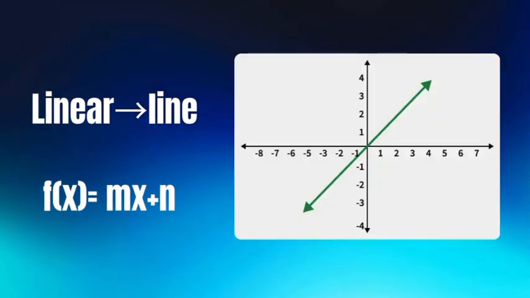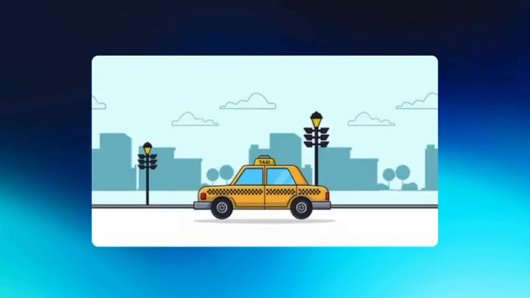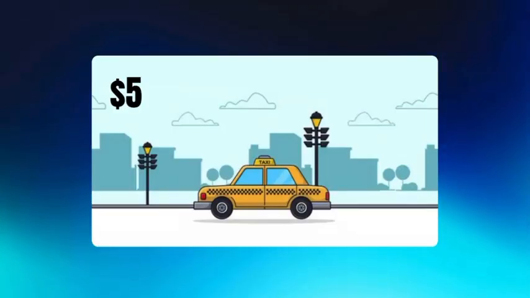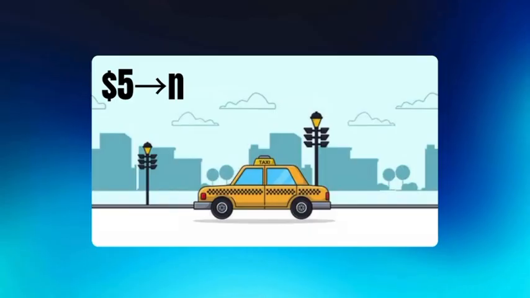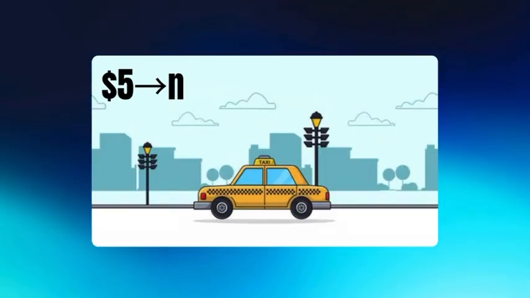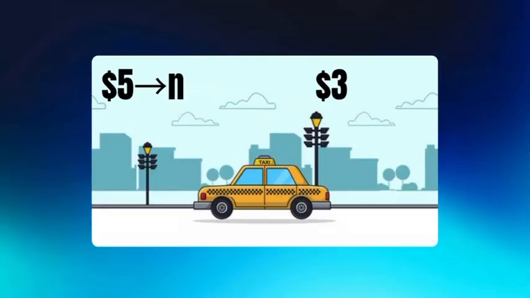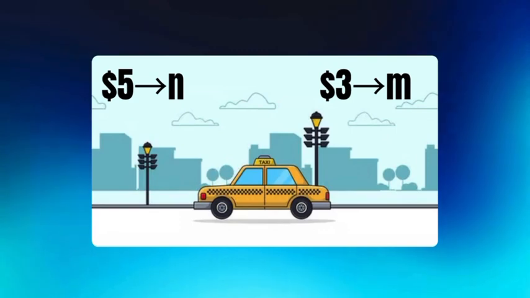But what do these letters actually mean in real life? Think about a taxi. The moment you get in, there is a fixed starting fee, let's say $5. This is our n value, the constant. Then for every kilometer you travel, the price increases by $3. This constant rate of change is our m value, or the slope.